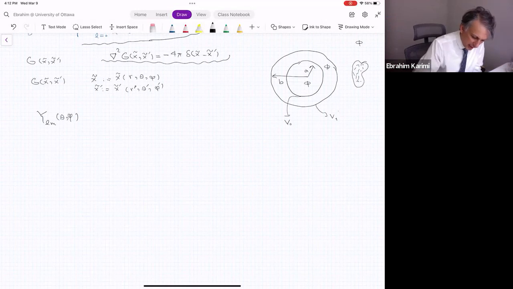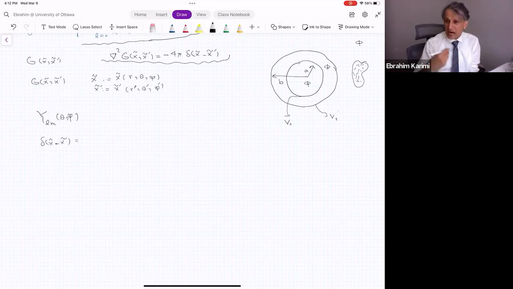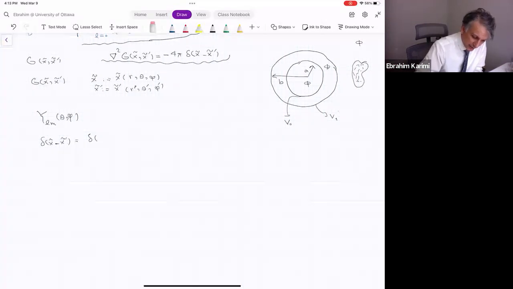Then you say that the delta of x minus x prime can be expanded in terms of the variables that I do have. If you remember, I did the expansions in spherical coordinates, in cylindrical coordinates, in Cartesian coordinates. For example, for Cartesian coordinates, that was delta of x1 minus x prime 1, delta of x2 minus x prime 2, delta of x3 minus x prime 3.